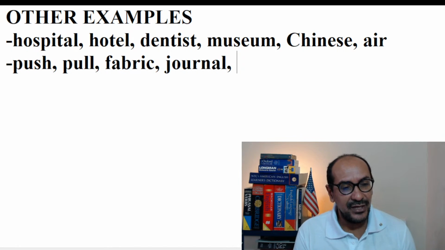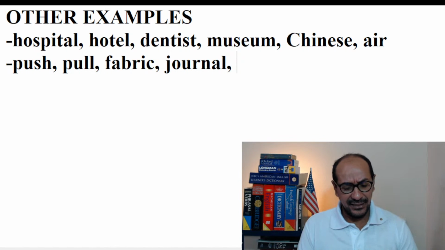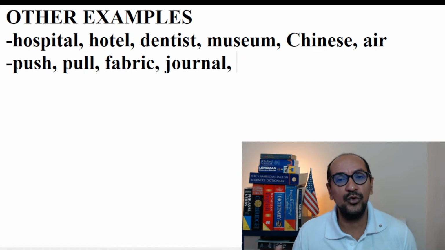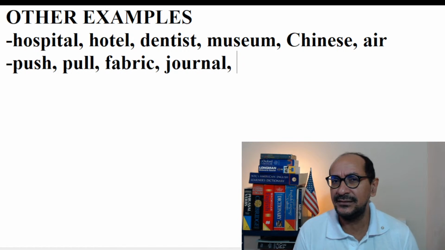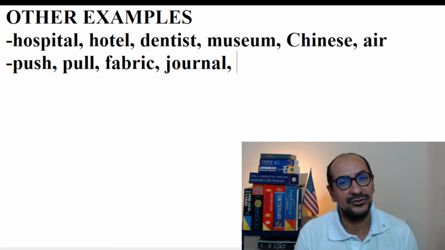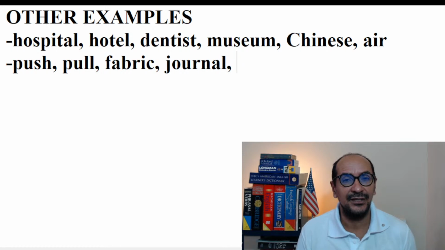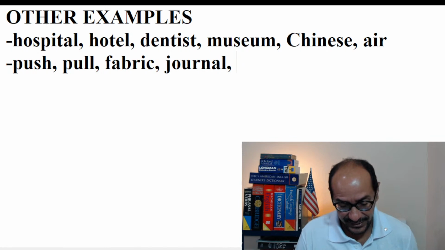So remember that when you have words like push, pull, fabric, and journal, when you read it there, you say, man, but I don't think it's the newspaper. You are going to realize that when the word is in a context, it's much easier for you to understand, to realize that the meaning is really strange. If it's really strange, it's because it's not a cognate word. It's a false friend. It's a false cognate, in fact.